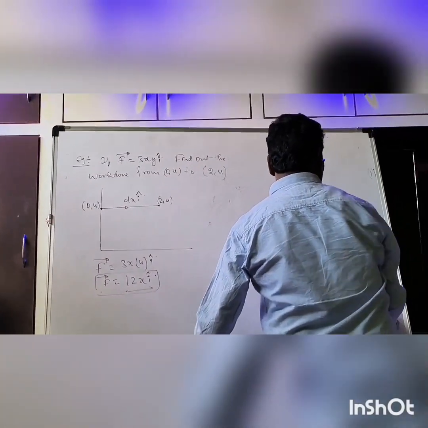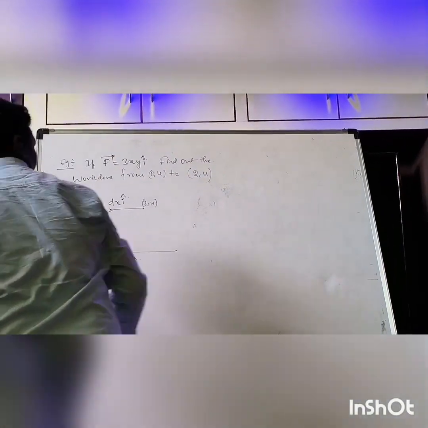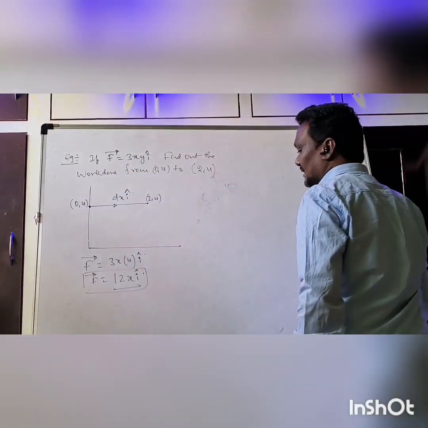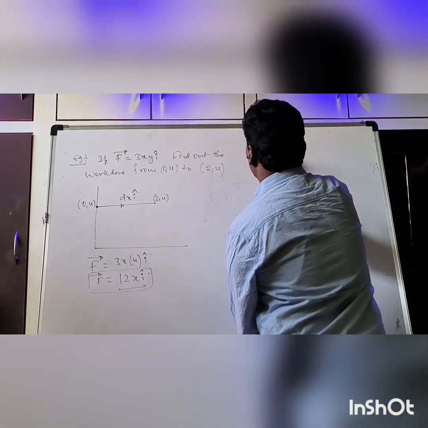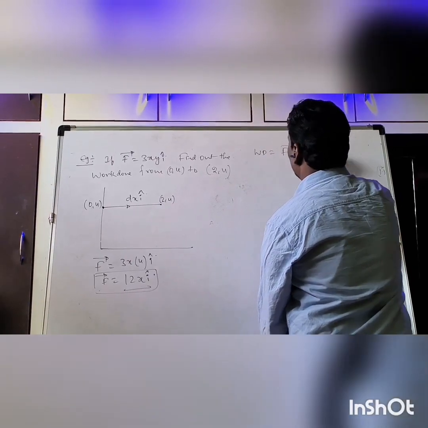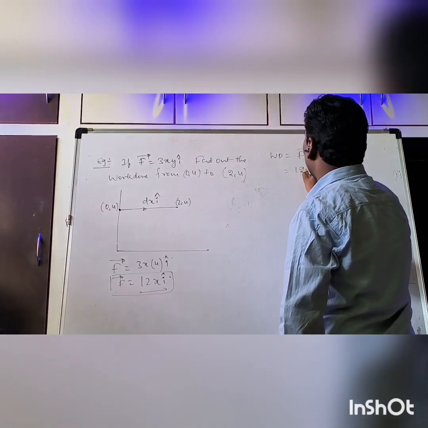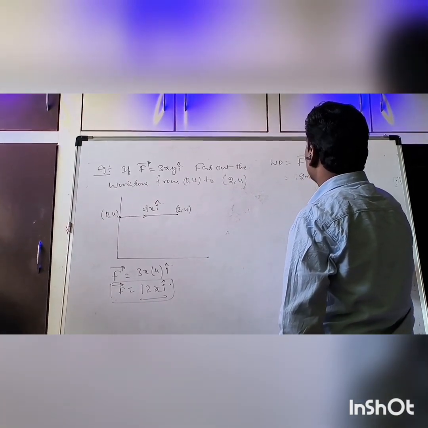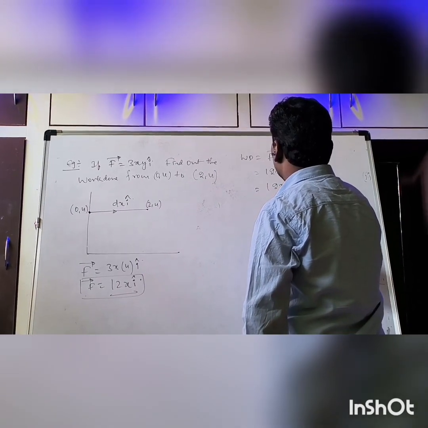So how will we find the work done? Listen here. The work done is equal to F bar dot dx bar. What is F bar? 12x i cap dot dx i cap, that is nothing but 12x dx.